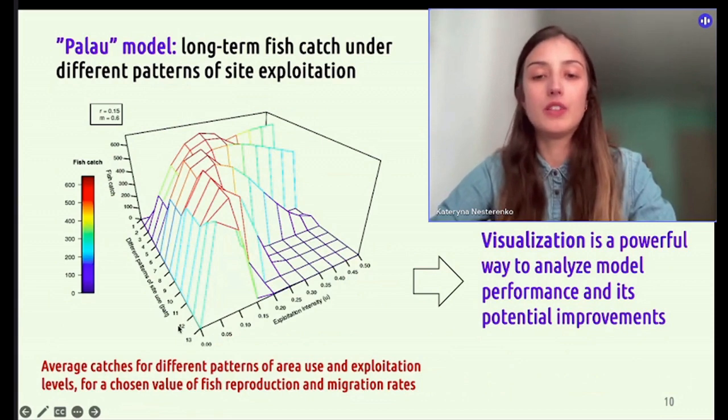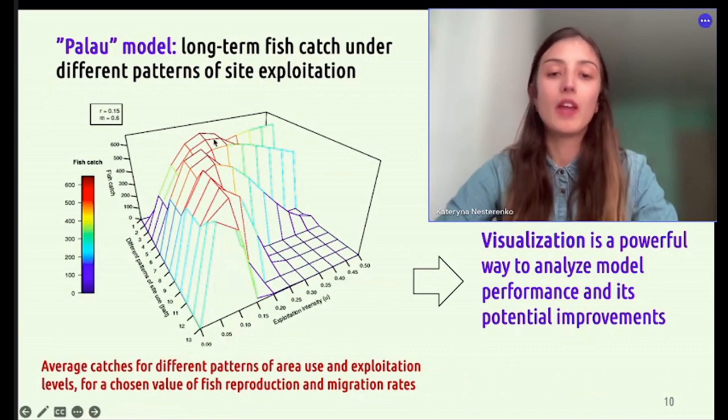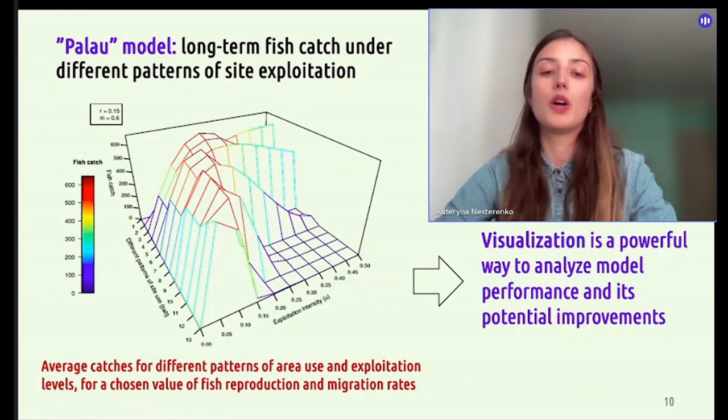Our findings revealed that certain site distribution patterns, such as patterns 3 and 4, with selective harvesting from 2 out of 6 fishing sites, resulted in the highest and stable long-term catch values.